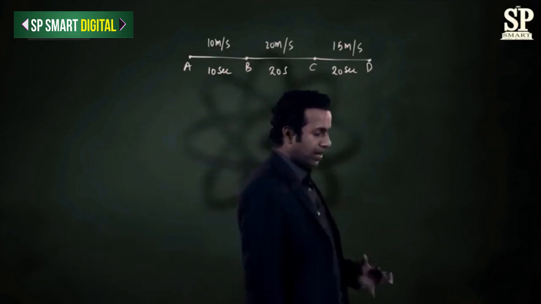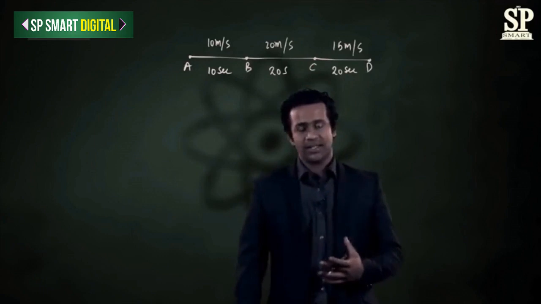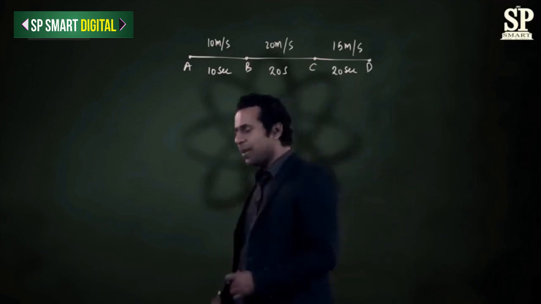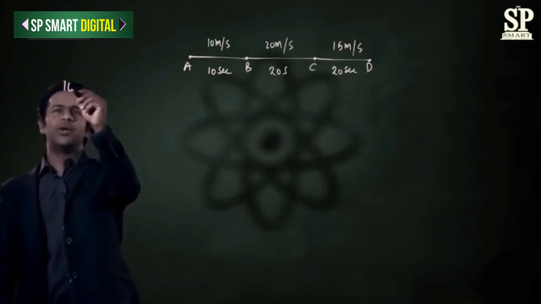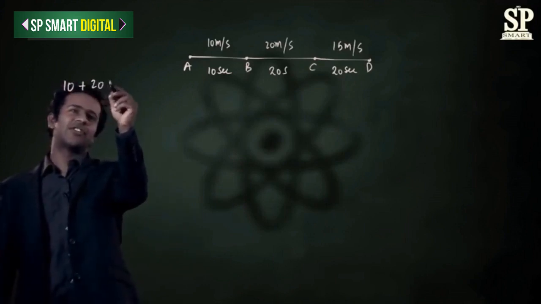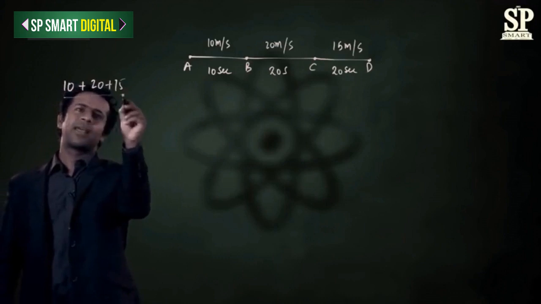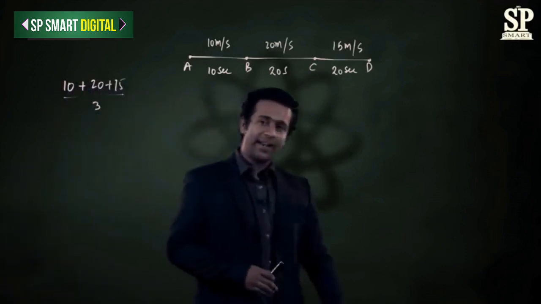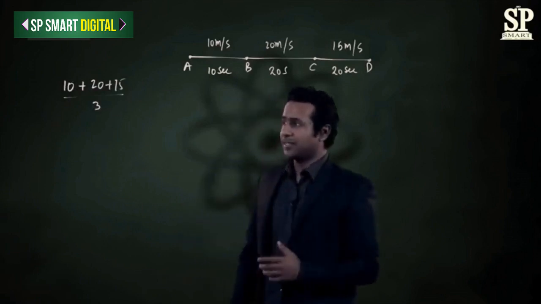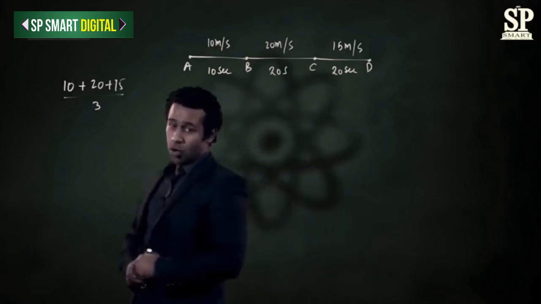Now, in such a question, the mistake that is often made is that to find the average speed, you would find the average of the speeds, right? There's a tendency to do this, that is to find the average of the speeds. Now this is wrong.